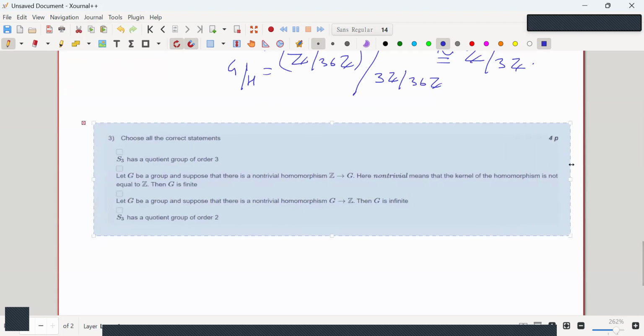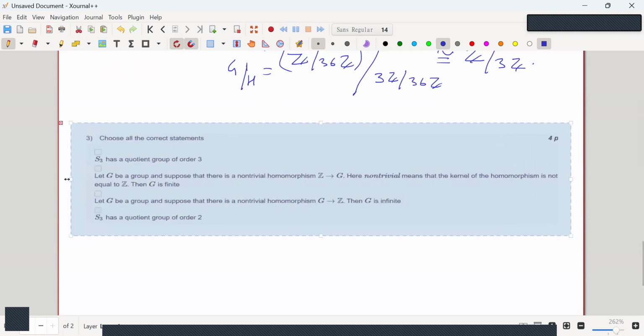So we need to choose the correct statements.